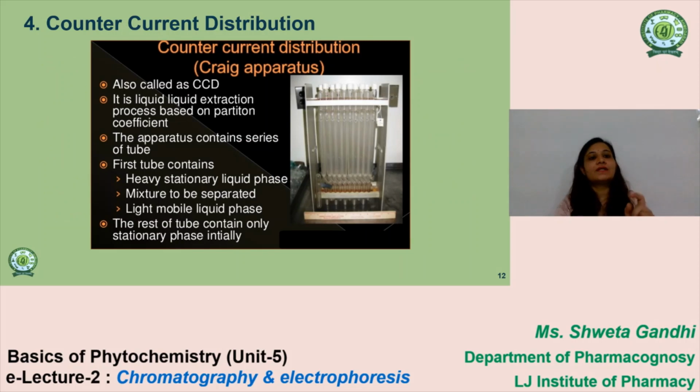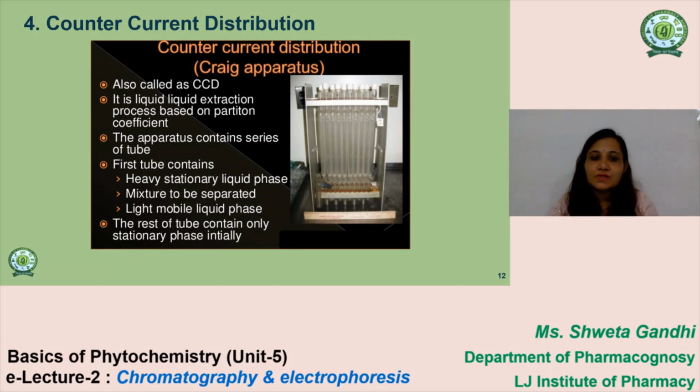Now, this is the assembly for counter current distribution. This is also called the Craig apparatus. It is a liquid extraction process which is based on the partition coefficient. The apparatus contains a series of tubes. As you all are seeing, these are the series of tubes.